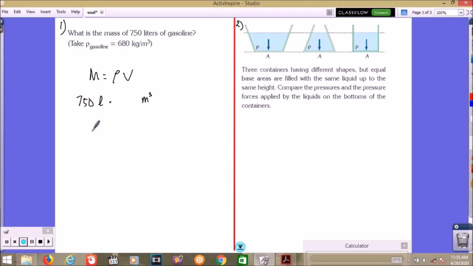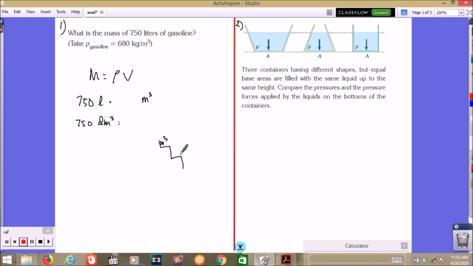Okay, we know that 750 liters equals 750 decimeters cubed. Decimeter cubed to meter cubed, move up one step.